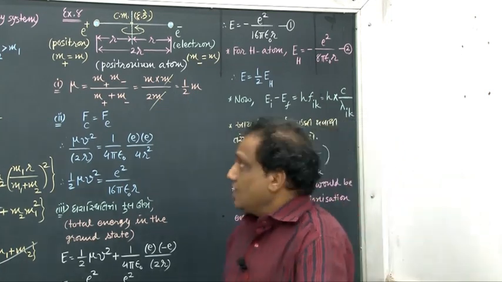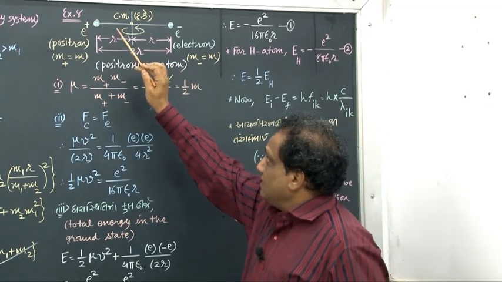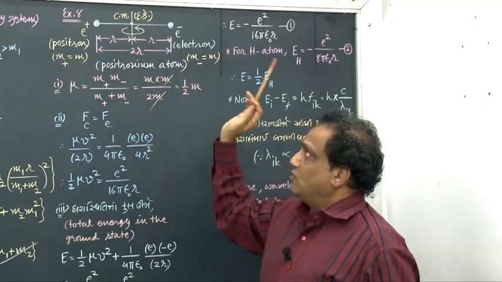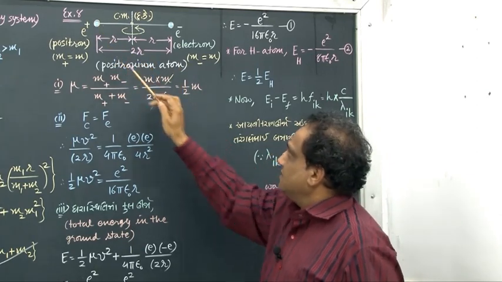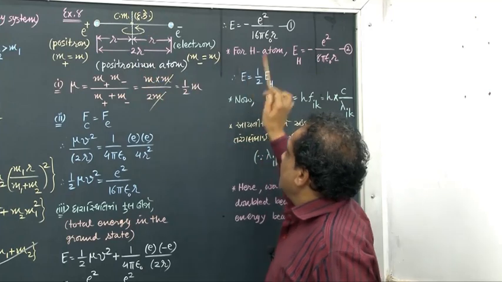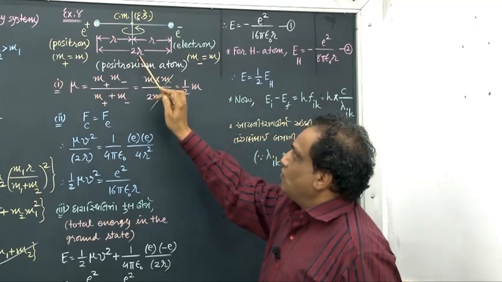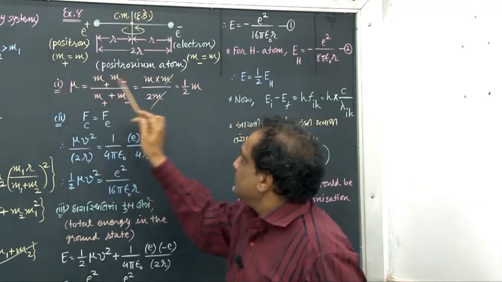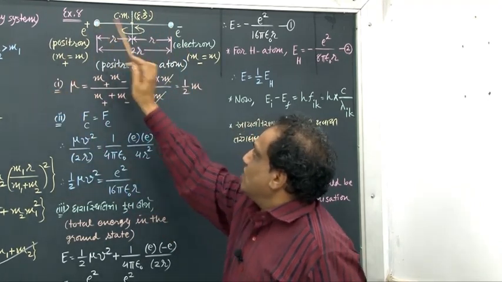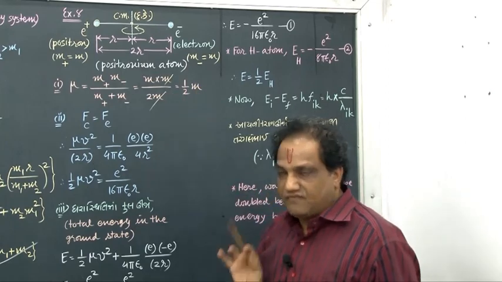And tell me, when this system is set into rotational motion, this is rotating about this way, with radius of the circular path equal to 2R, and this is rotating about this way, with the radius equal to 2R. Got it? Fine.